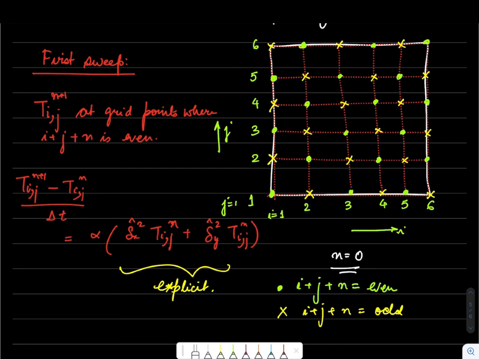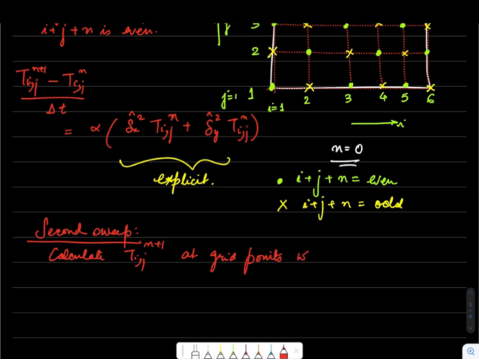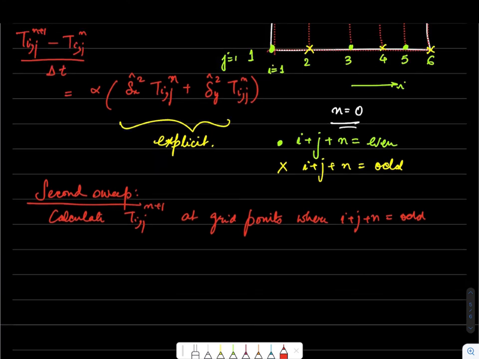Please do notice that. In the second sweep, now that we have temperatures at these circles, I will calculate Tij at n plus 1 at grid points where i plus j plus n is odd, and I will calculate it in a similar manner, except the right hand side now will actually be at n plus 1.